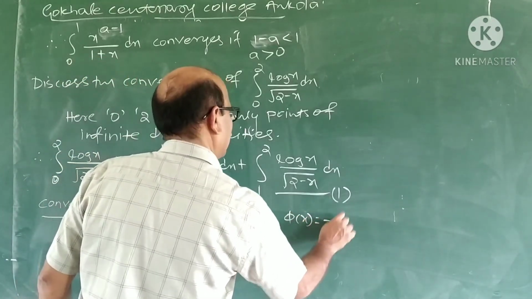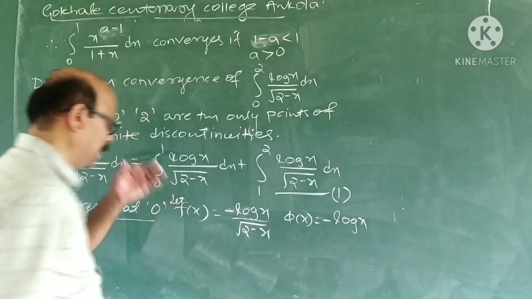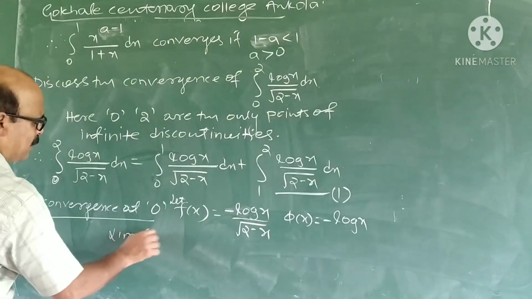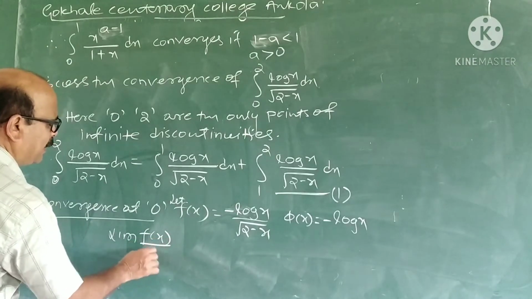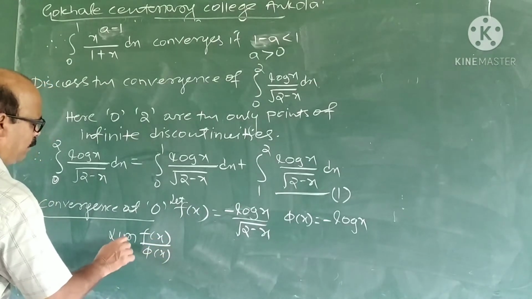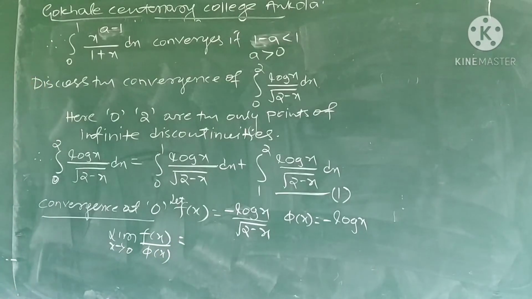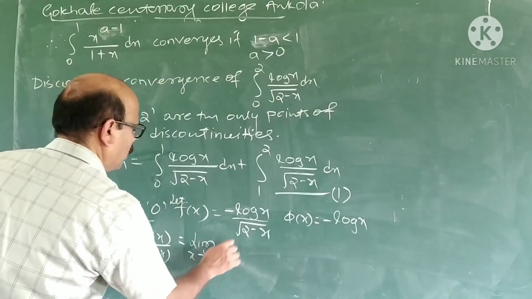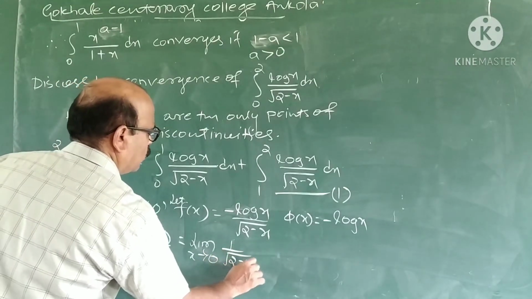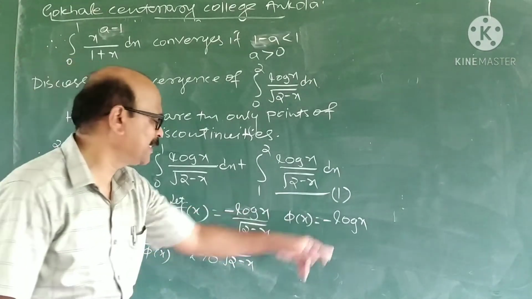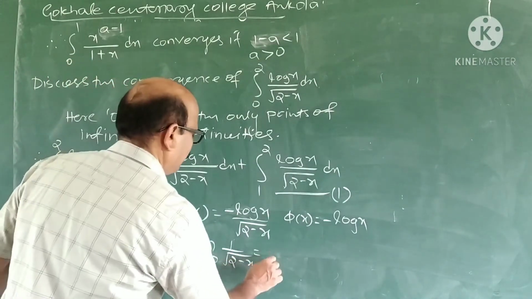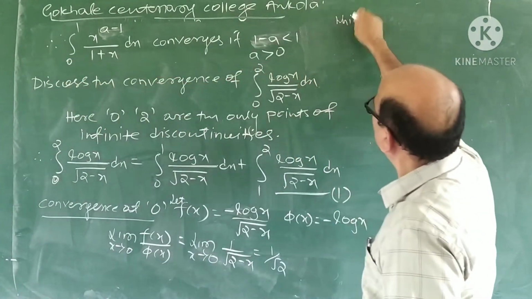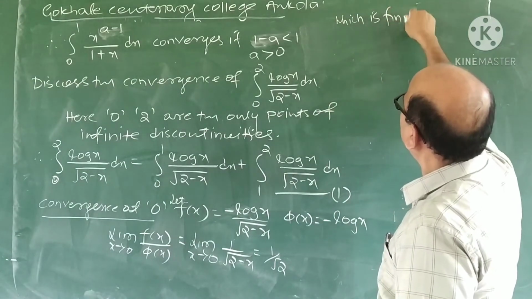Phi(x) is minus log x here, because the limit of f(x) by phi(x) must be finite and not 0. Then the limit of f(x) by phi(x) becomes the limit as x tends to 0 of 1 upon root of 2 minus x, because this log x cancels. It is 1 upon root 2. What is the conclusion? Which is finite and not 0.